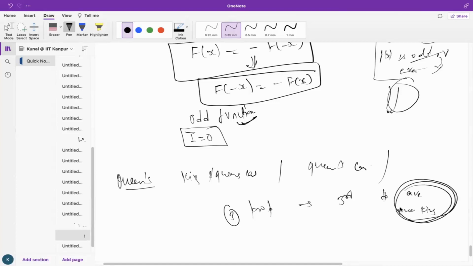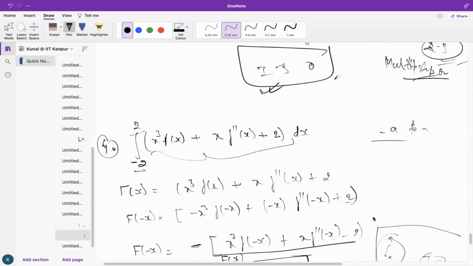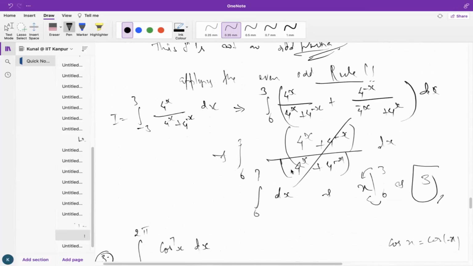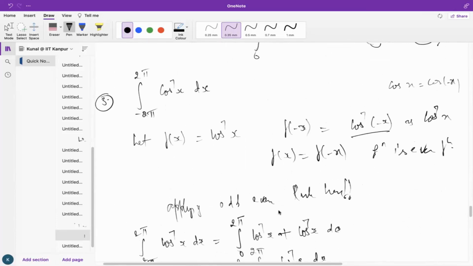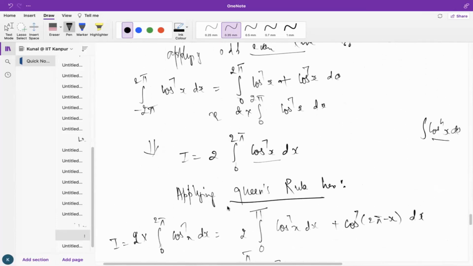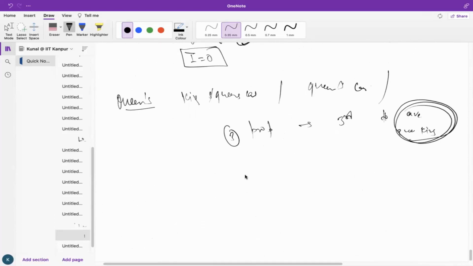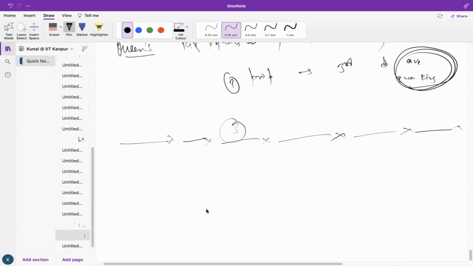I also gave a problem mixing all three properties. In this problem, we first applied the even odd rule and then the Queen's rule. So it is a complete mixture of all three properties which we have read till now. It is a very sensitive property because the limit should vary from minus a to a.